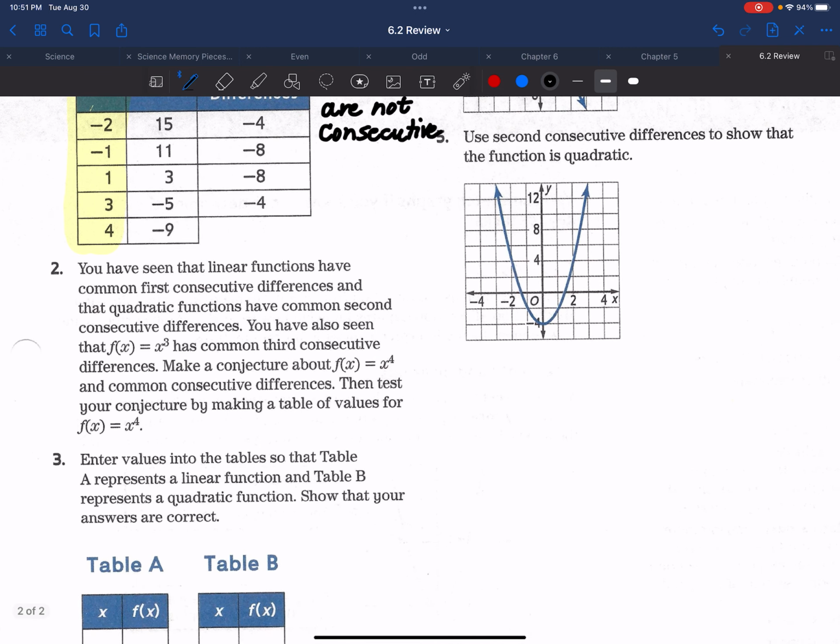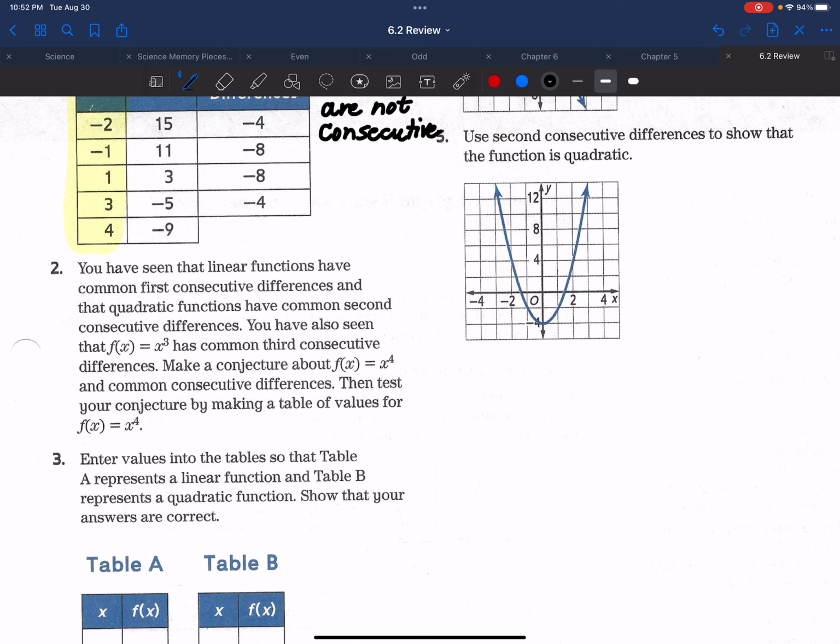Okay, number 2. You have seen that linear functions have common first consecutive differences and that quadratic functions have common second consecutive differences. You have also seen that a third degree function has a common third consecutive differences.